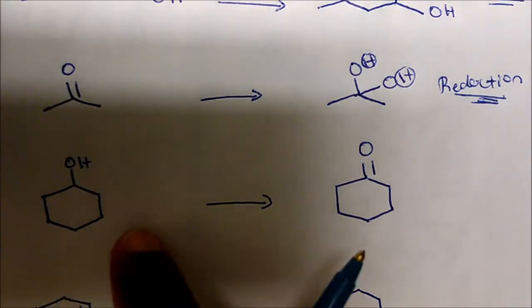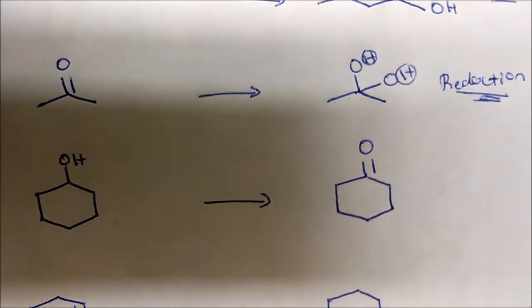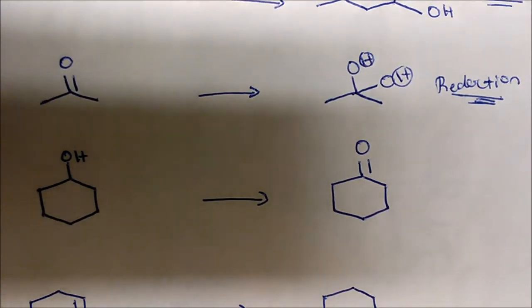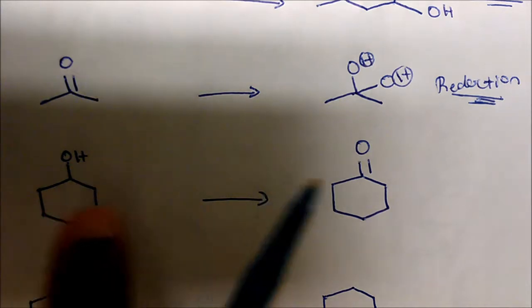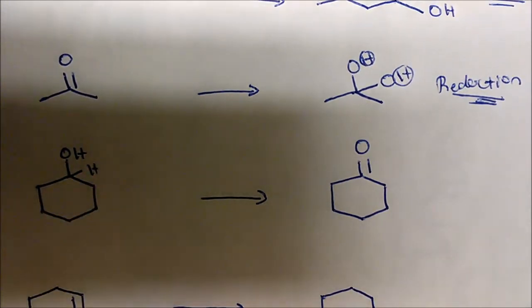Now, what about this one? Again, looking at my carbon of interest, I have two oxygens, so I'm not going to look at the oxygen. We don't care about the oxygen. We want to look at the hydrogens. We have a hydrogen here, and we also have a hydrogen in the alcohol.